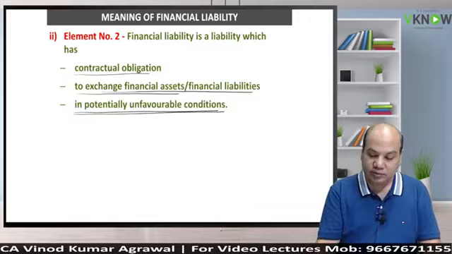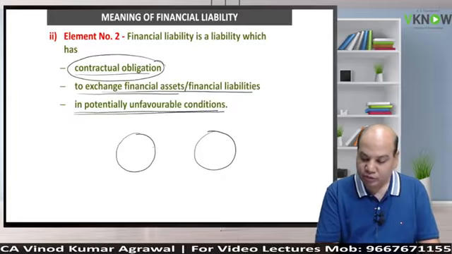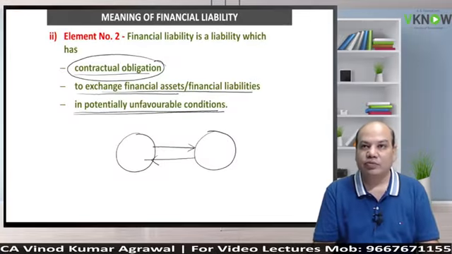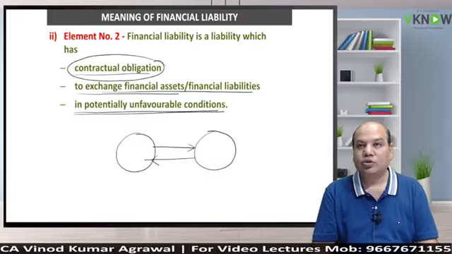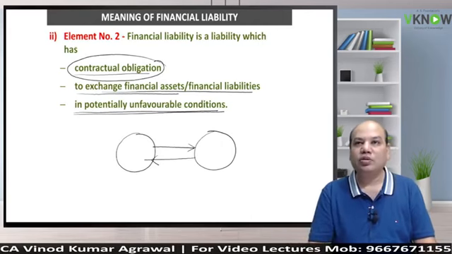It means that you have a contractual obligation, under which you will exchange financial asset or financial liability, but the contract is unfavorable to you. So according to the definition of financial liability, even these types of contracts will be called financial liability.